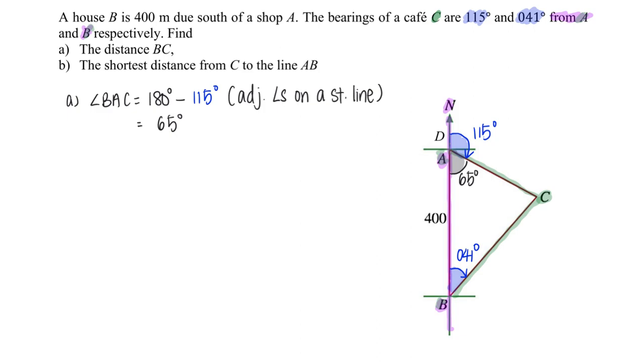Then I would be able to get this angle here, which I'm going to use red color. So angle ACB will be 180 degrees minus 65 degrees minus 41 degrees, because this is the angle sum of a triangle. That is 74 degrees.